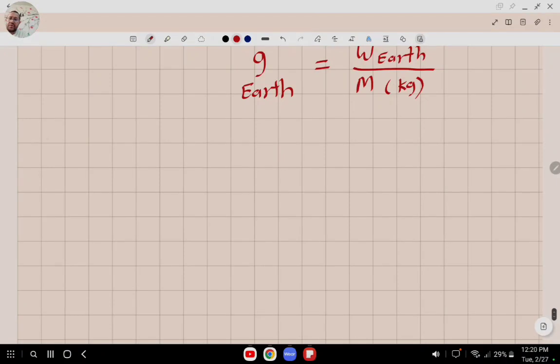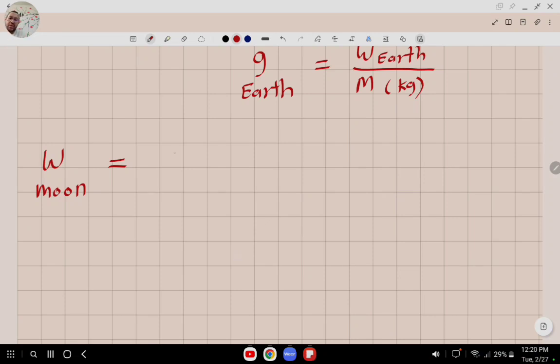Okay, also we have another rule, the weight on the moon. How can you calculate the weight on the moon? The gravitational pull of the moon equals 1/6 from the gravitational pull on the earth, or in another meaning, the weight on the moon equals 1/6 from the weight on the earth, or the weight on the earth equals 6 times the weight on the moon.